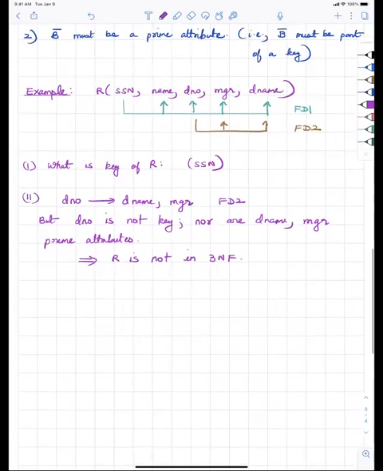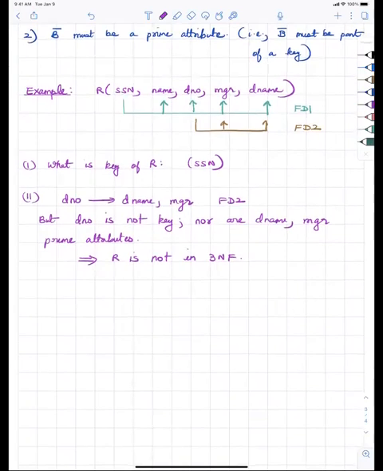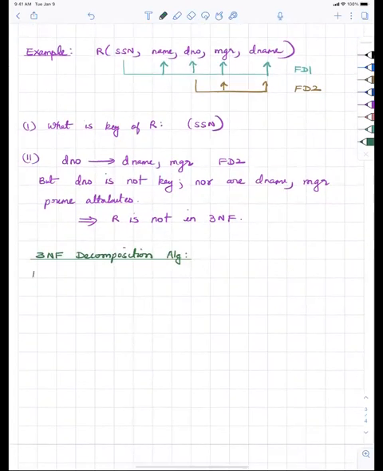It's a 3NF decomposition algorithm. So the algorithm is, the input is R with all attributes and all FDs.